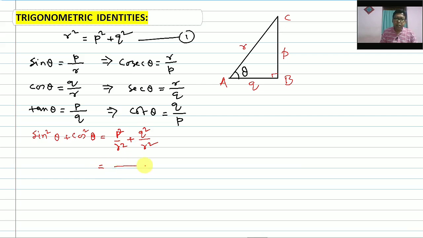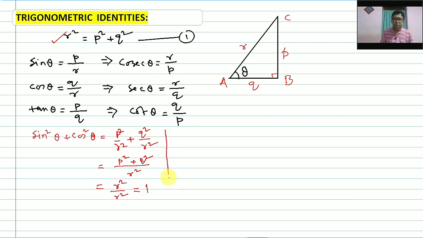Take an LCM, r square, so p square plus q square. Now what is p square plus q square? It is equal to r square. So substitute, you will find r square upon r square. R is not equal to 0, so you can cancel and get 1. That means sin square theta plus cos square theta is equal to 1. This is the first identity.